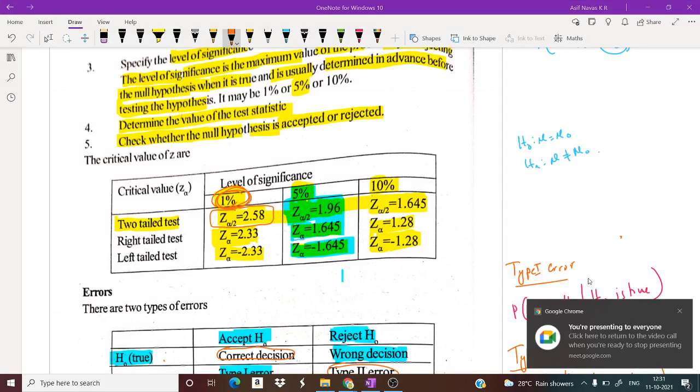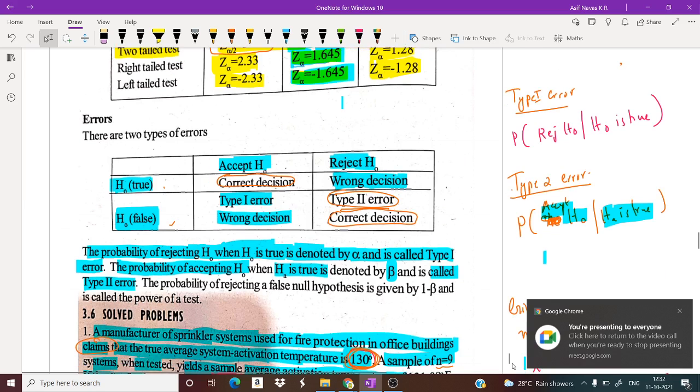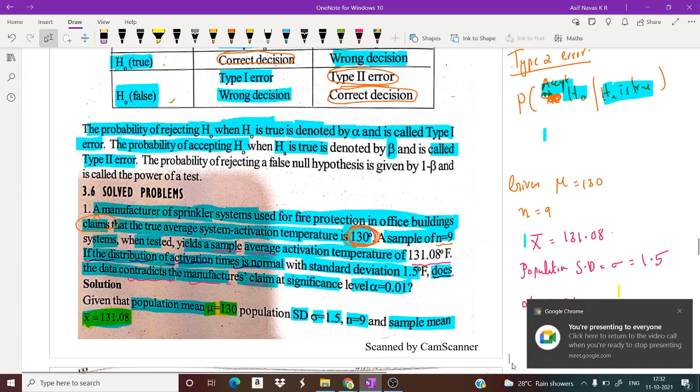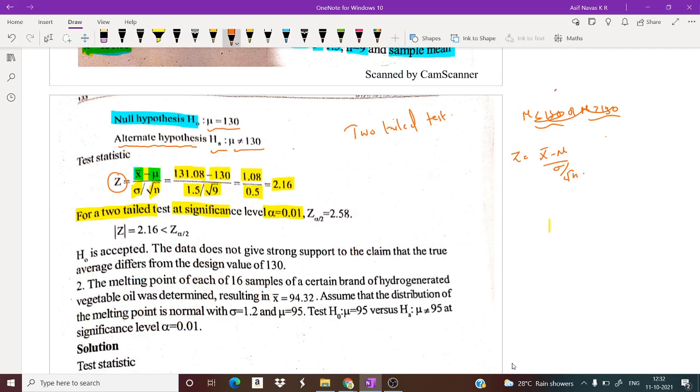So you have to study that value from the table. So Z alpha by 2 is 2.58.